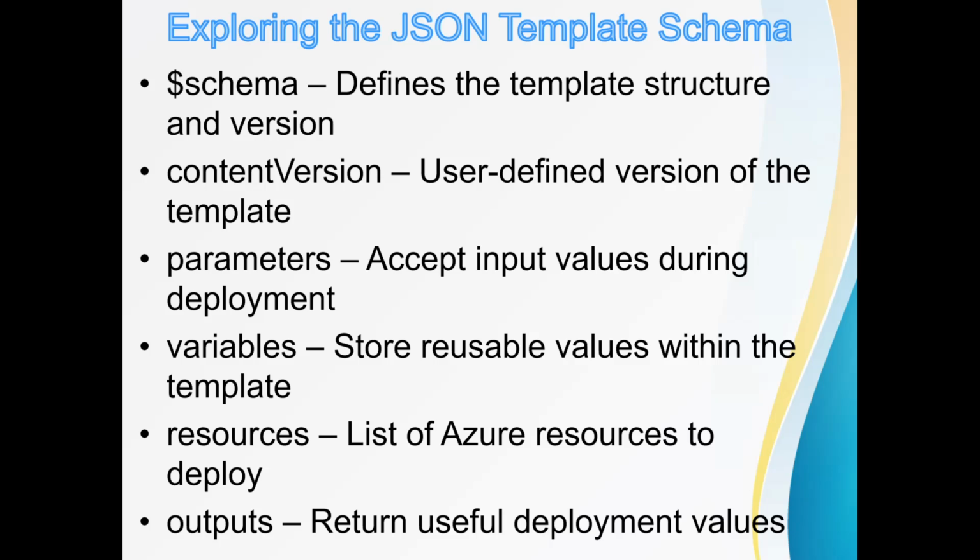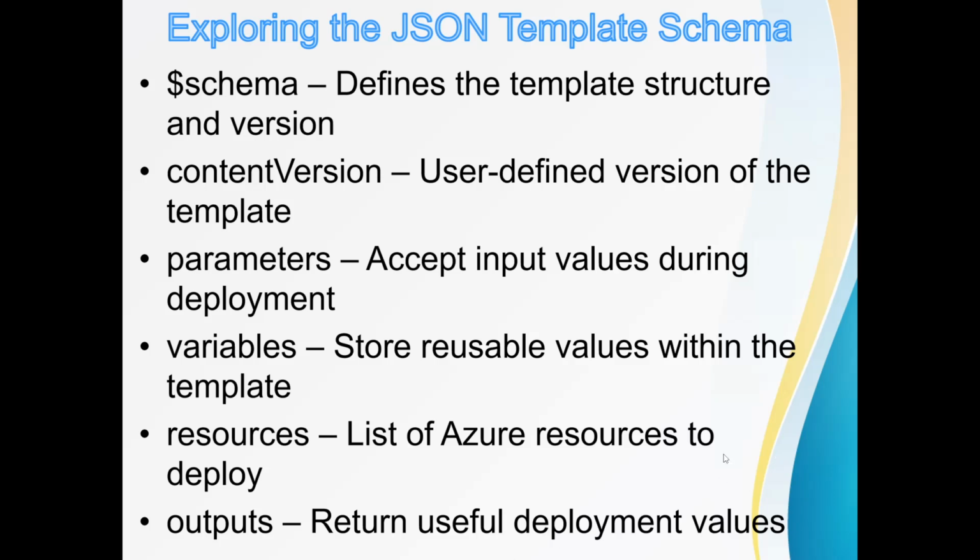Okay. Parameters accept input values during deployment. So parameters allow us to accept different input values during deployment as per our requirements. Okay. Variables store reusable values within the template. So we can have variables assigned in the template which will be used for deployments.